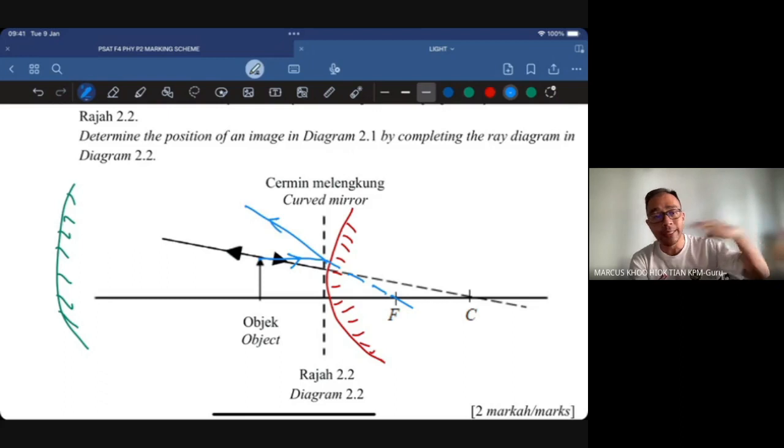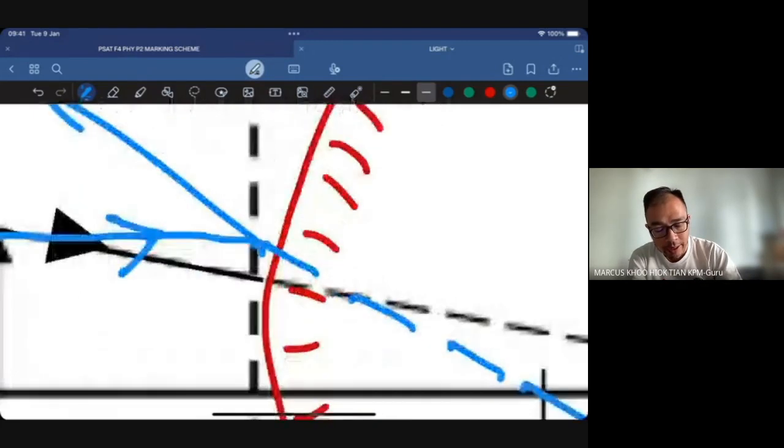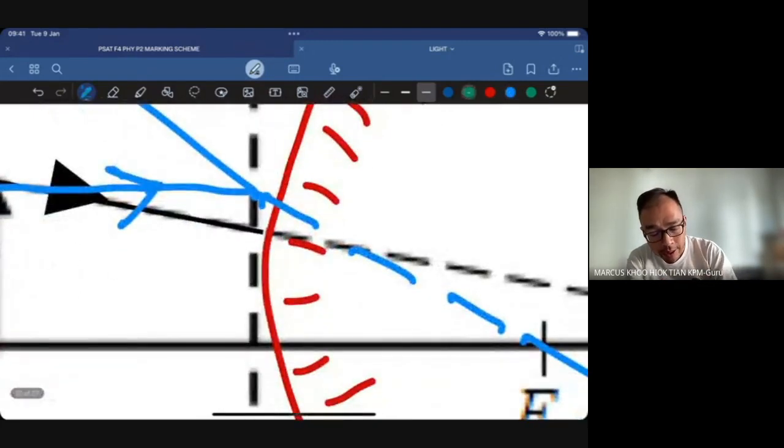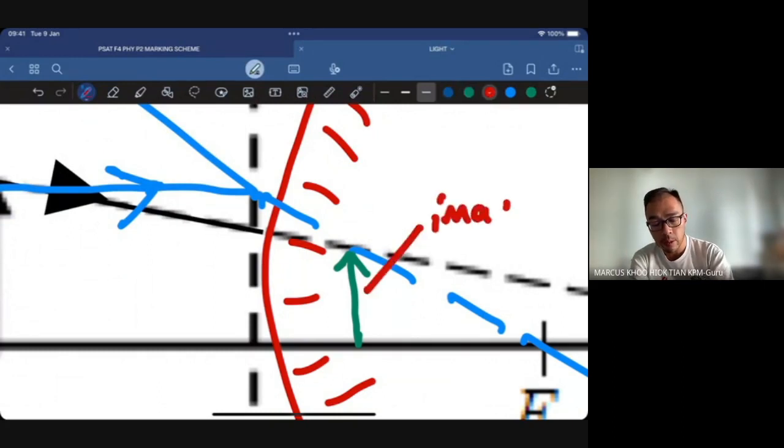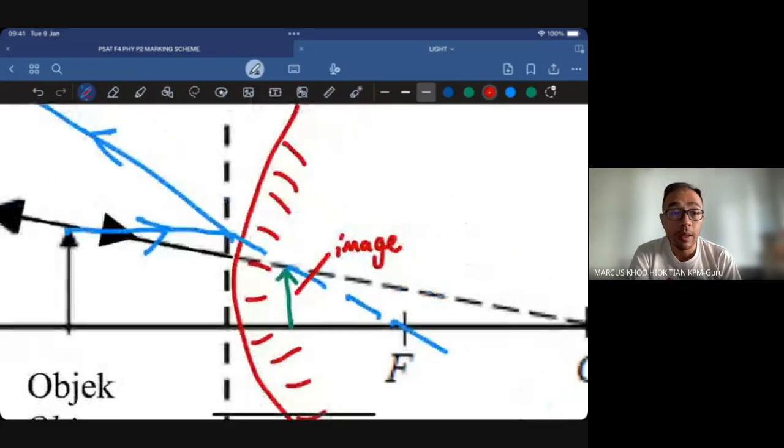So it goes here and out, but it must start from the focal point at the back. And then the place over here where it intersects, this is where the image is formed. Mark this down as image. The place of intersection is where the image is formed.